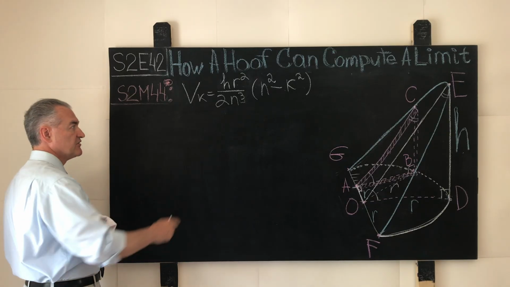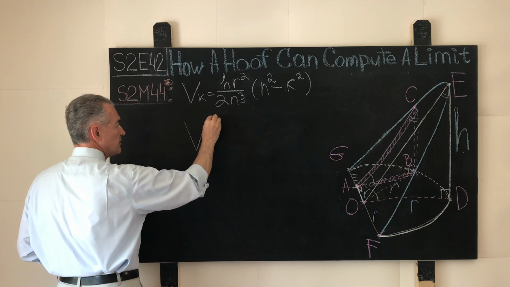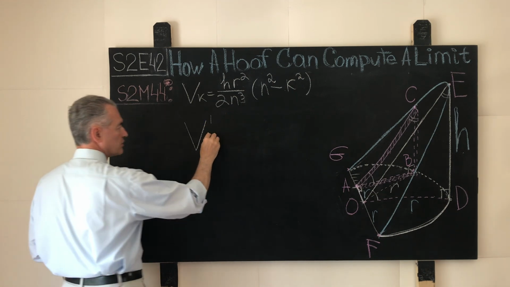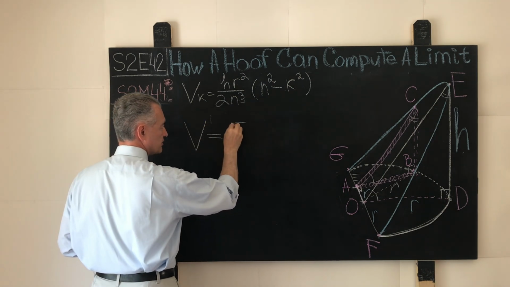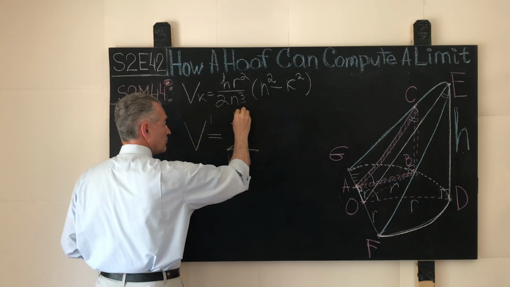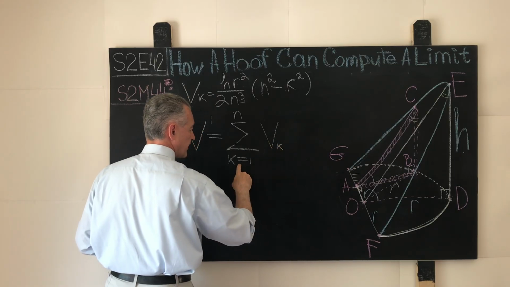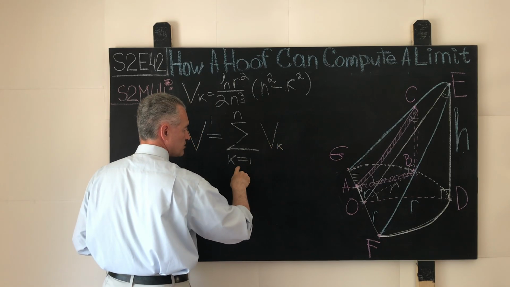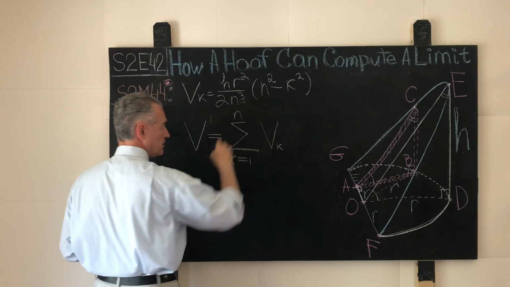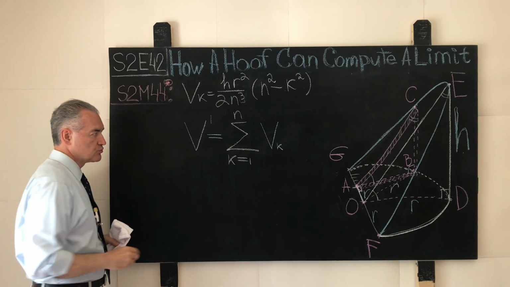Well, I'll write down the sum, and then you guys will understand what is going on. If we sum all the primitive volumes vk, where k, the dummy summation variable, runs from 1 to n, n is an arbitrary whole positive number, what will we have?